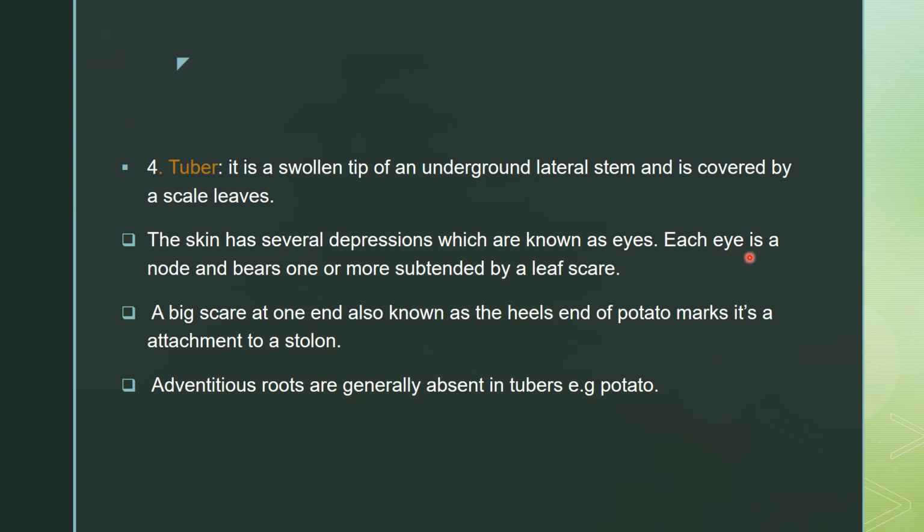Each eye is a node and bears one or more buds, subtended by a leaf scar. You can observe a big scar at one end of the potato.